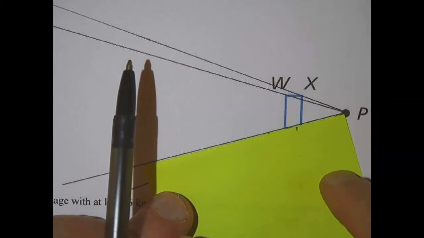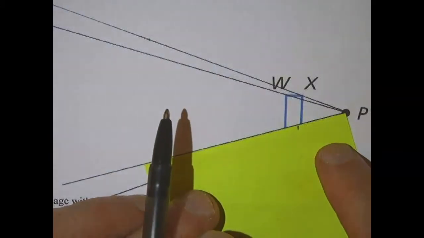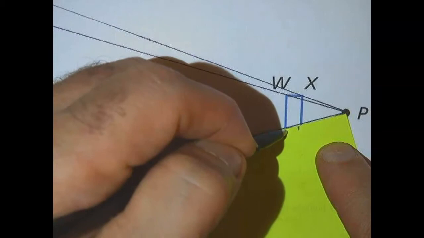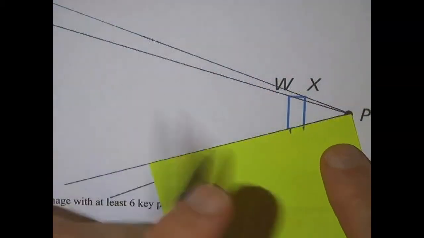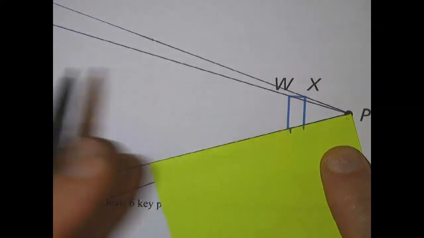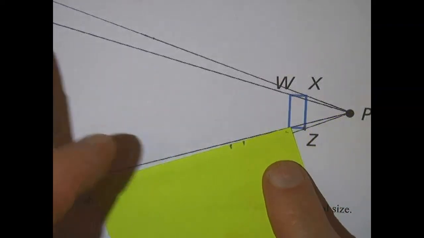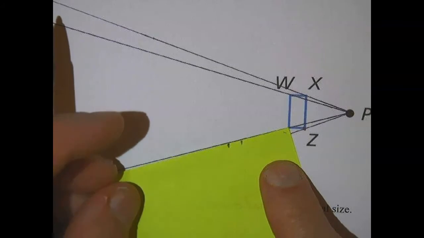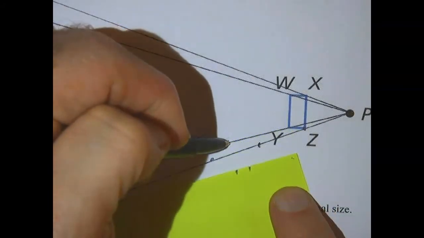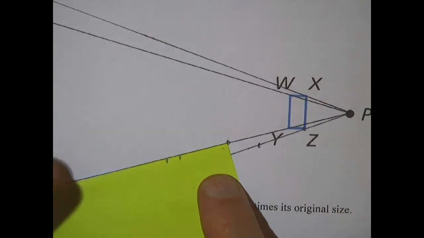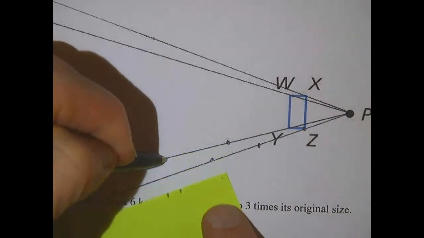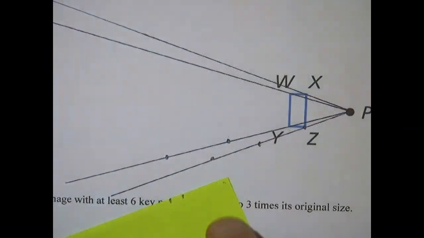So here it is from right in the middle of the point P to Y. That's a scale factor of 1. Now I'm going to double it from the point to this spot right here. That's a scale factor of 2. And then from that point, one more time the same distance, that would be a scale factor of 3.